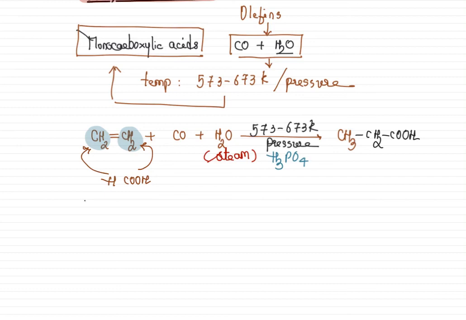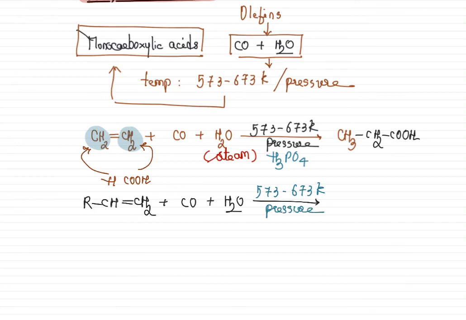Generally, if you take an unsymmetrical alkene for a similar reaction, once again addition of H and COOH takes place, under pressure and with a catalytic amount of H3PO4.